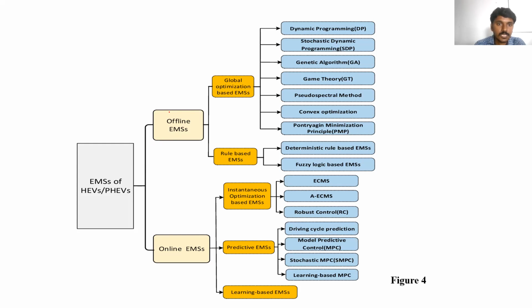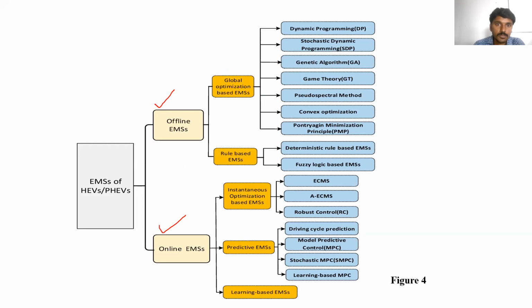It has been classified into offline and online energy management systems. The offline systems include the global optimization based and the rule-based energy management systems.